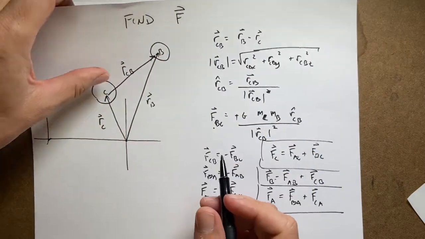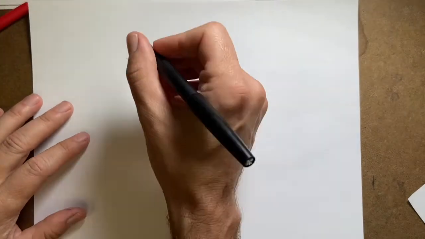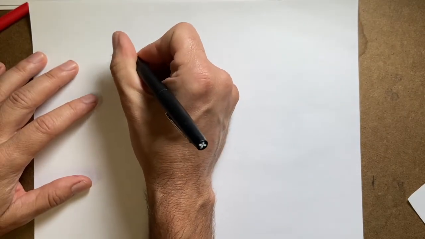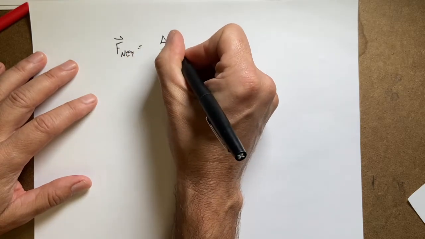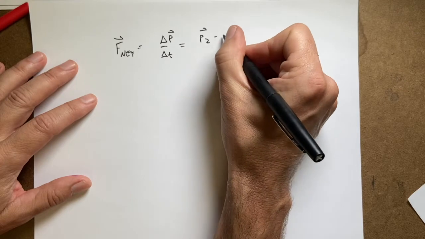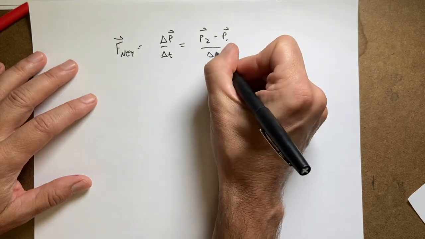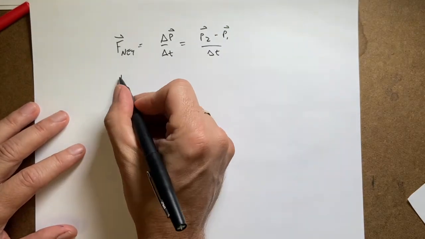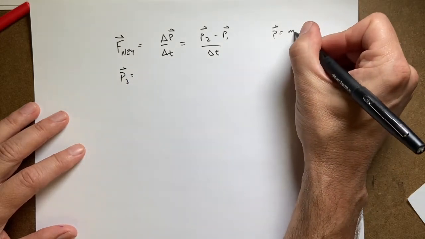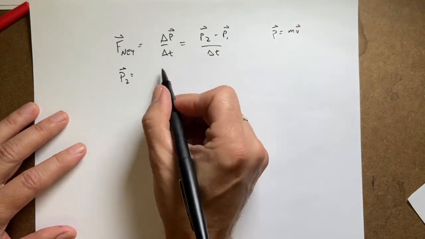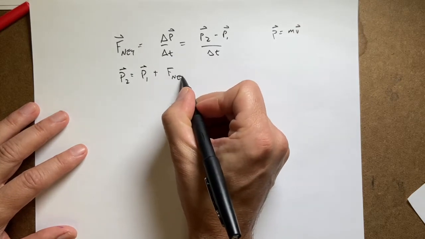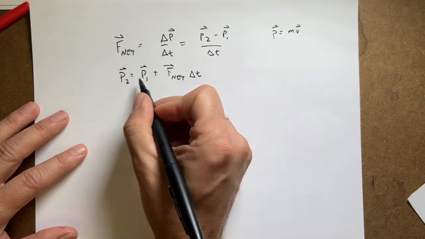Okay, next thing we're going to do is update the momentum. So the momentum principle says this. F net is the change in momentum over the change in time. So this is P2 minus P1 over delta t. If I solve this for P2, where P is mv, I get P1 plus F net delta t.